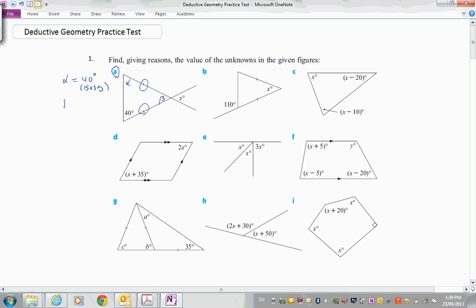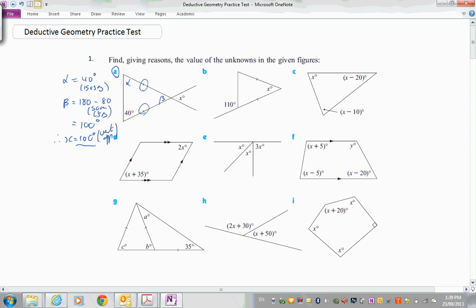Beta is 180, take 2 lots of 40, take 80, sum angles of a triangle. So beta is 100 degrees. Therefore, x is 100 degrees, vertically opposite.